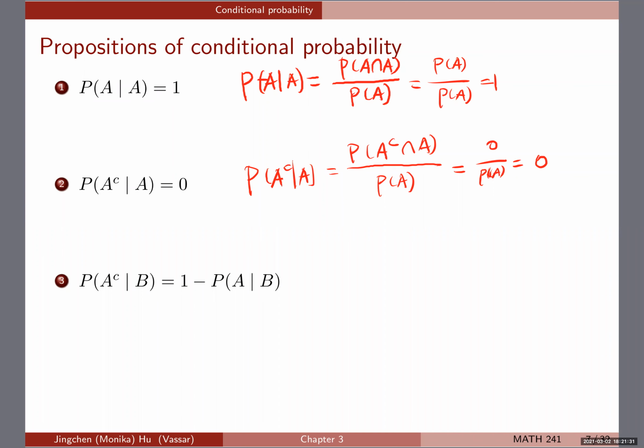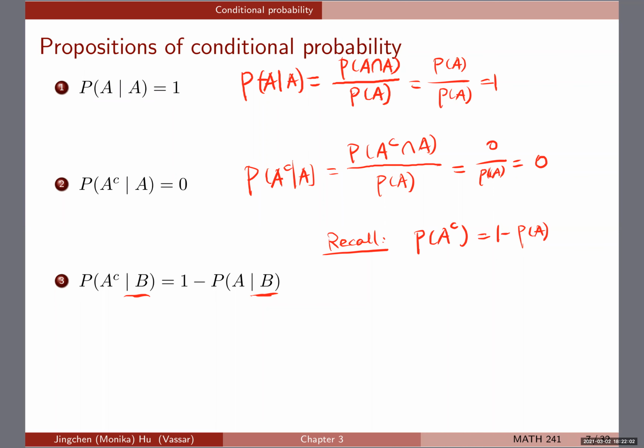The last one is that the conditional probability of A complement given B is 1 minus the conditional probability of A given B. If we take out the conditioning on B, recall the complement rule that we have seen before, that the probability of A complement equals 1 minus the probability of A. That's what we covered in chapter 2.